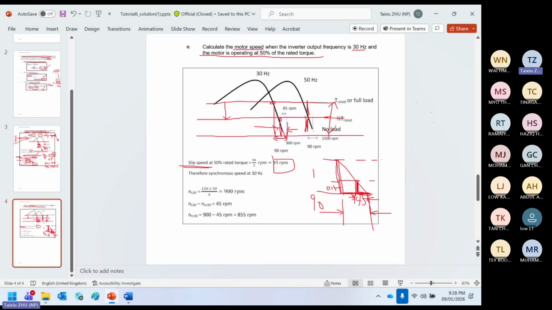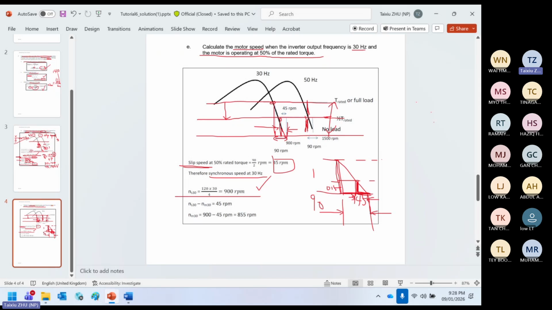Therefore, the synchronous speed at 30 hertz. This is the formula you should know, right? So this one is 900 RPM. This is the synchronous speed when the inverter is running at 30 hertz.